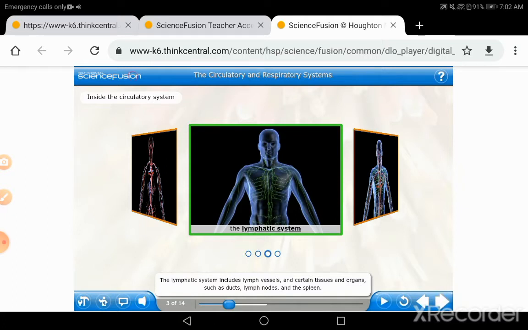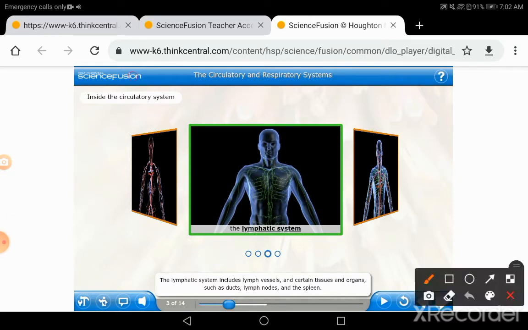So as we said before, the organs of the cardiovascular system are the heart and blood vessels. Now, the lymphatic system has many parts, including ducts, lymph nodes, spleen, and lymph vessels.